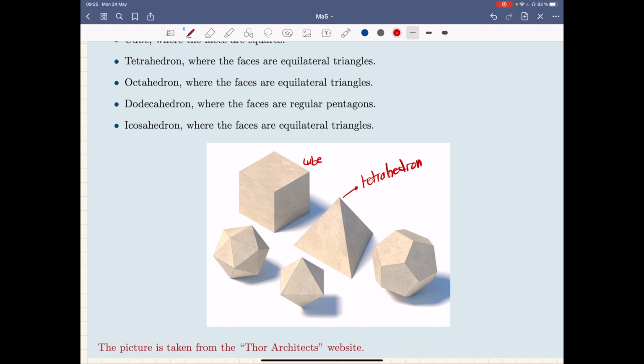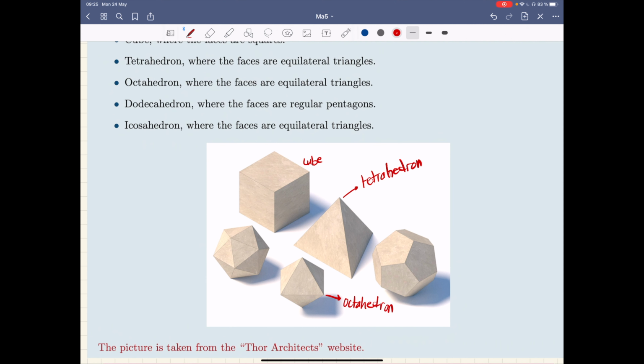And the name of this next one, you might know. Have you seen these pyramids in Egypt? If you put 2 of them together, attach them like this, it is called an octahedron.